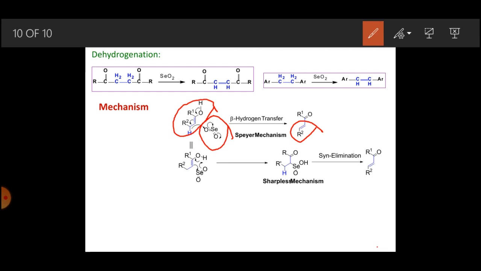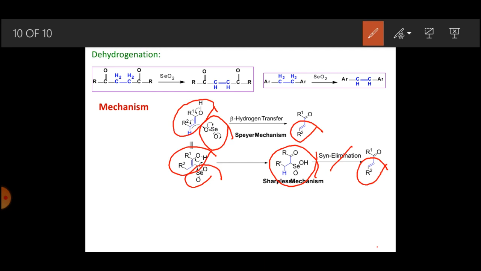And if we consider the other one, that is the Sharpless one, in this case also the enol form of the carbonyl compound will react with selenium dioxide to give a selenous acid kind of compound in the very first step, and then syn elimination will give the dehydrogenated product, that is the corresponding alkene.